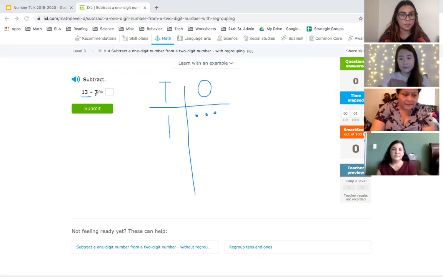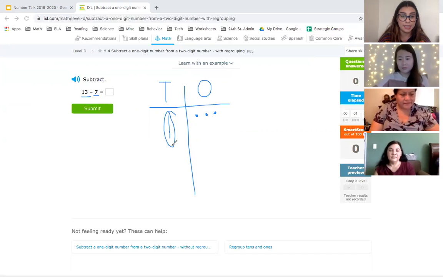Okay, and I know I'm supposed to be subtracting 7. So when I look at this number on the one side, I see 3 ones, but I know I cannot subtract 7 from that because there's just not enough ones. So what I need to do is get my 10. We're borrowing a 10, and we are going to decompose that 10 rod into 10 units or 10 ones.